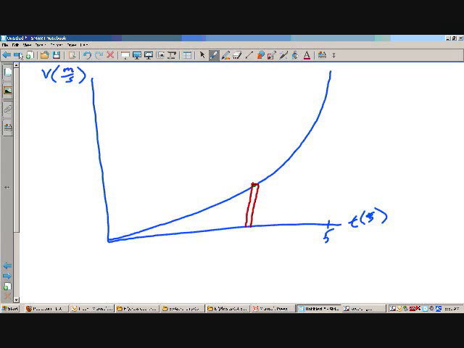Now, let's say the equation I tried to draw is velocity equal to t squared. It's roughly that equation, which is roughly that graph.